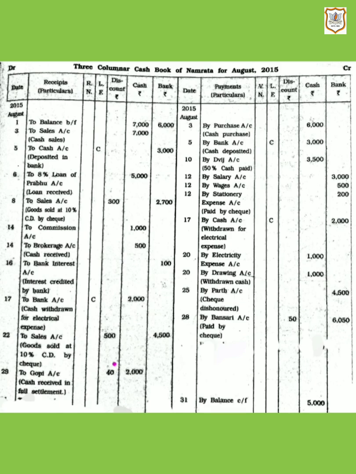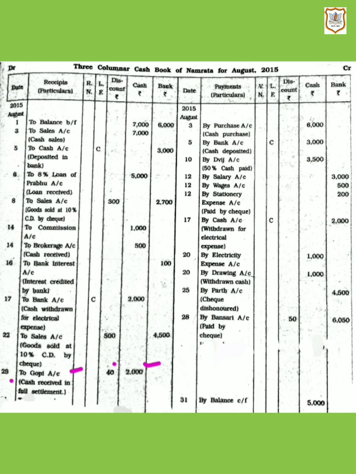So in the discount column, we will record 40 rupees on the debit side of the cash book, and as cash of rupees 2,000 is coming into the business, we will record 2,000 on the debit side of the cash book in the cash column. In particulars, we will write To Gopi account, as Gopi has paid us cash, and date 29th.